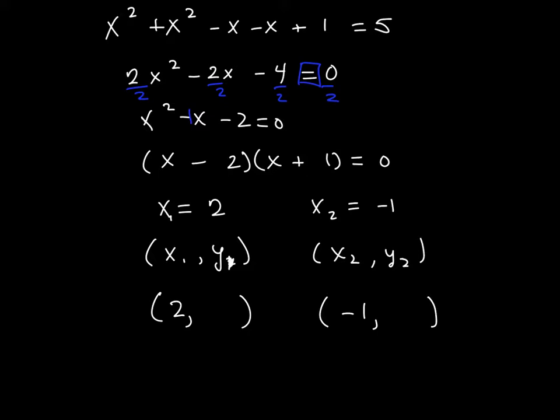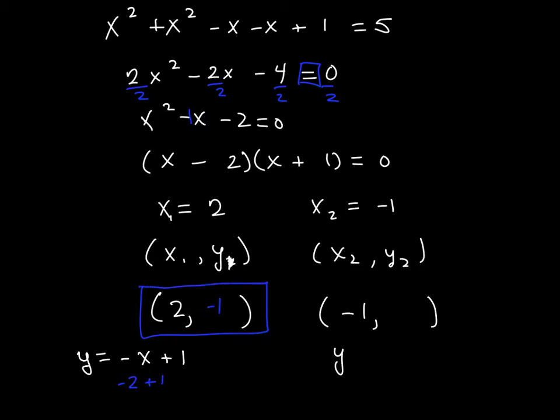Just for the sake of simplicity, I'm going to plug it back into the equation y is equal to negative x plus 1. Make sure that you keep these points organized. When you plug that in, that becomes negative 2 plus 1, so my y value for x equals 2 is negative 1. That's my first solution. Remember to always write these as points.